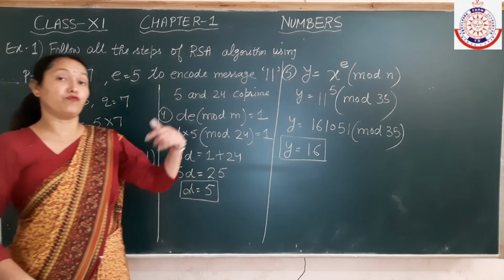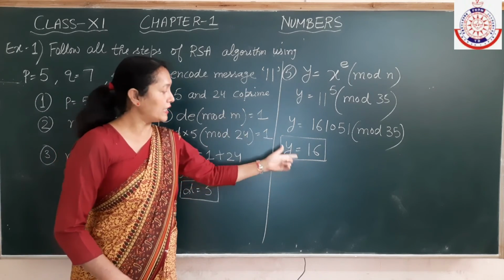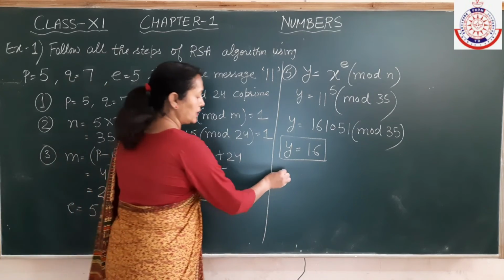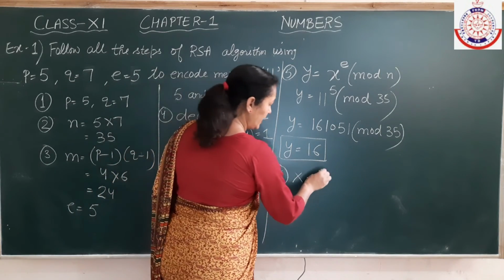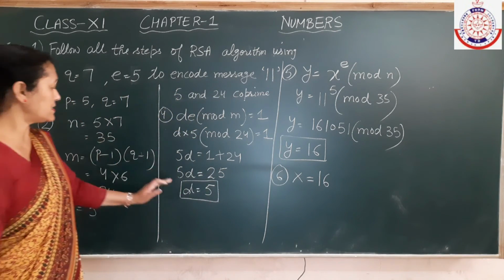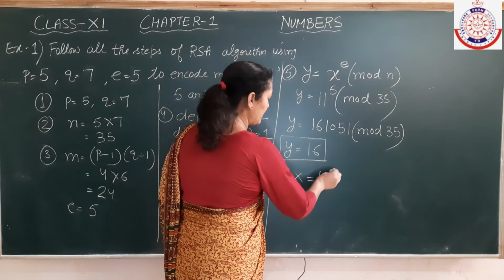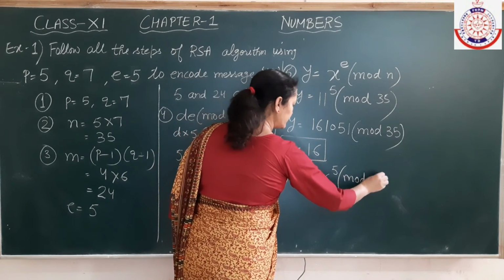Now, if we have to convert 16 back into the simple information, again let x equal y power d. What is d? D is 5. 16 power 5 mod n.